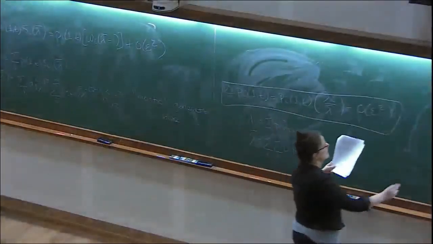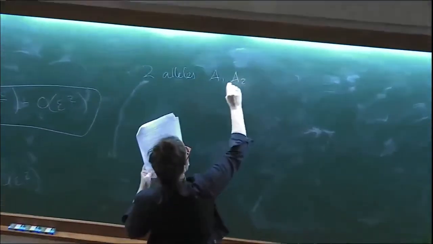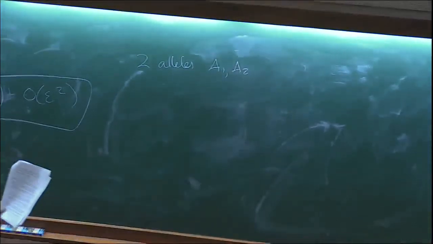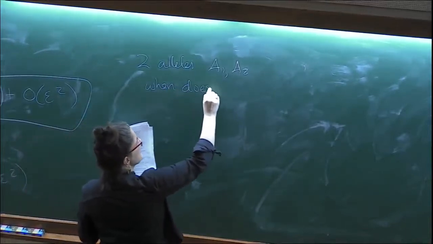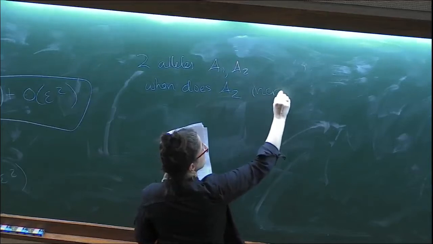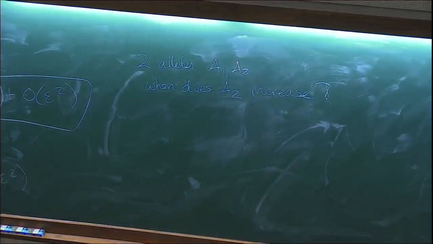So let's think of the simple example of two alleles, A1 and A2, and ask the question, when does A2 increase? Because we might imagine a population fixed for A1, and we introduce a new mutation A2 and ask the question, does it take off? So if we go ahead, we need this to be a number greater than 1.